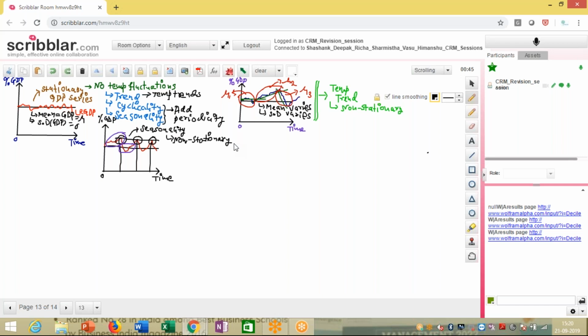If there is a sudden flood or a sudden natural calamity, we cannot control for that. That is beyond our control. So what we can control in our analysis are these three components. So what we need to understand is how a series gets detrended, or how a typical series can be deseasonalized. That's the next question.